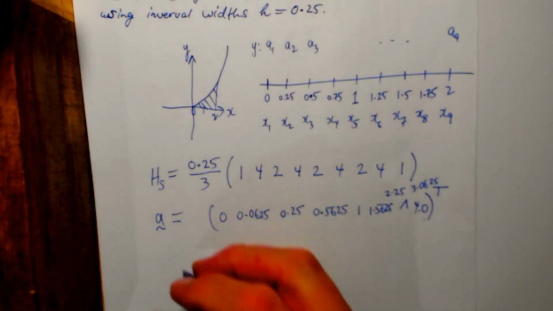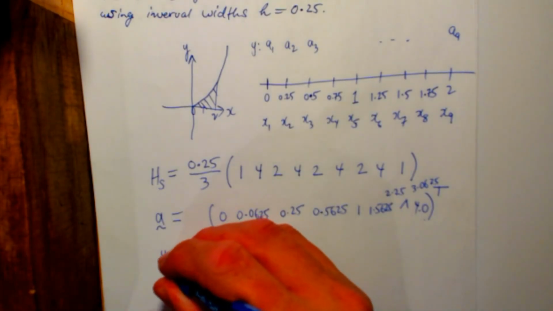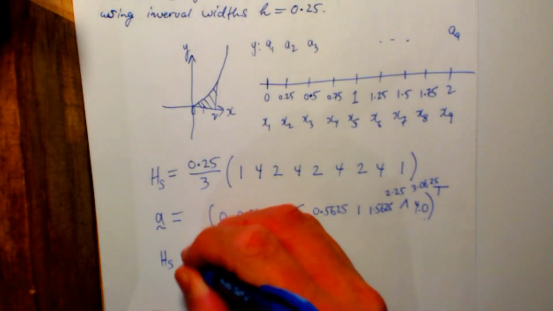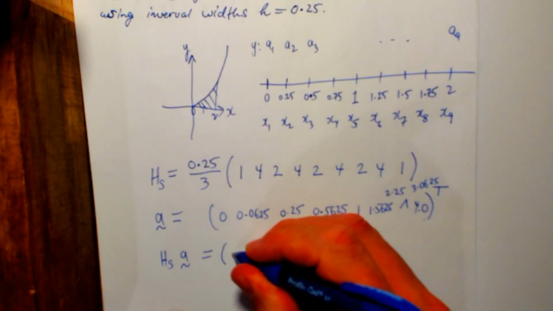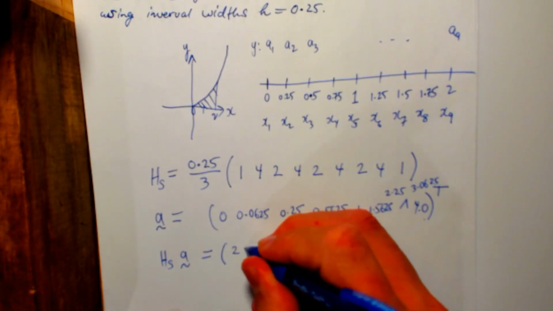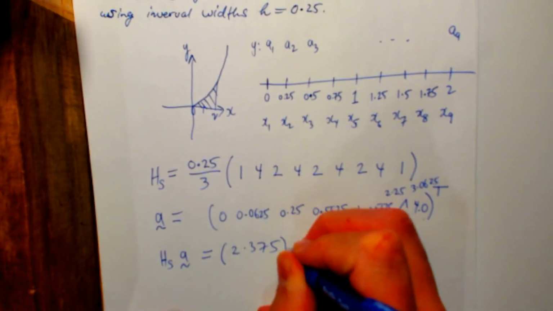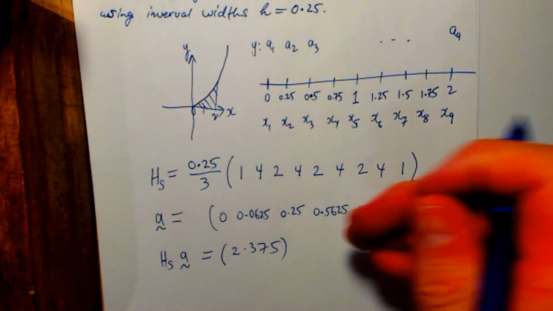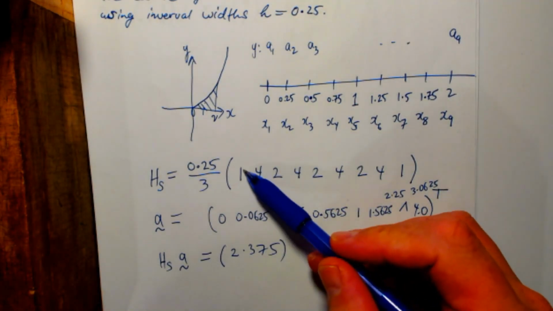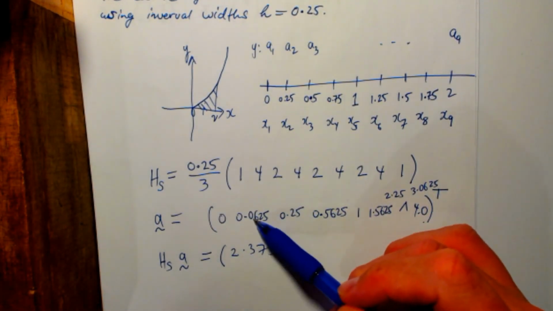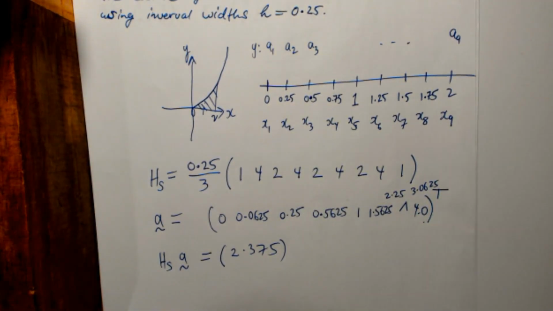Okay, so now H subscript x times the column A gives us the matrix containing the single entry 2.375 when you multiply this by this column here. So you're matching the 1 up with the 0, the 4 up with this, and so on, right?